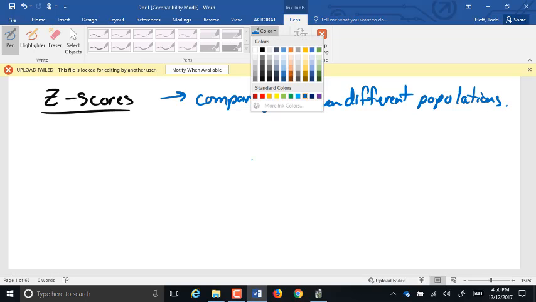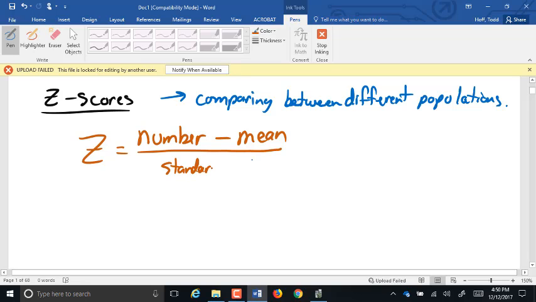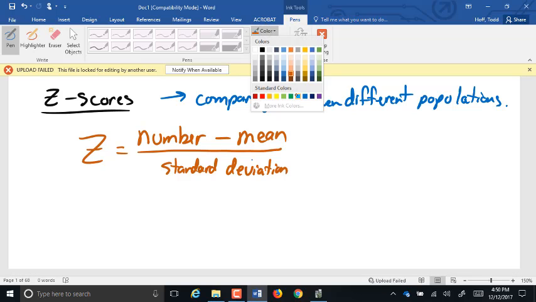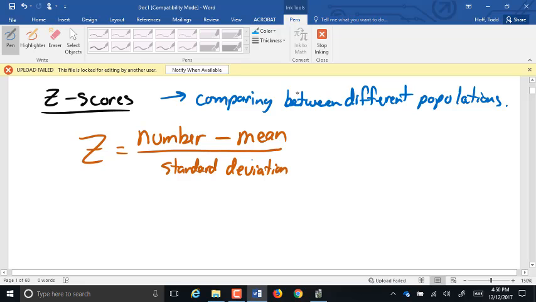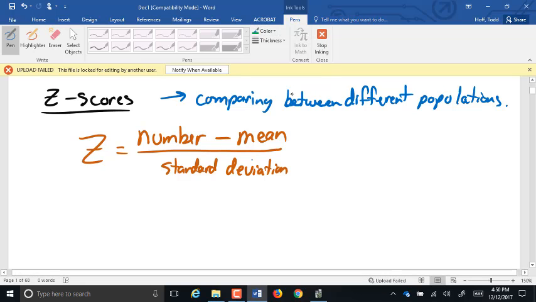A z-score, the z-value, is equal to the number minus the mean for that population divided by the standard deviation. And what it does is it standardizes that score so we can compare it to scores from other populations.